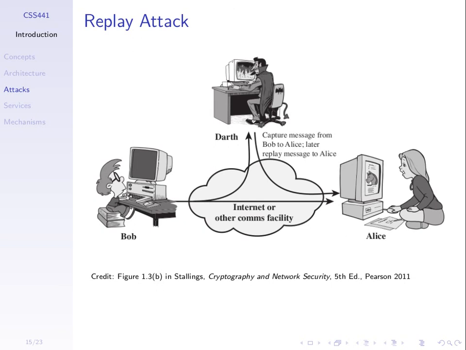And then this month, Darth replays that same message. It sends the exact same message. And it was from Bob to Alice. Alice gets a copy, and this month, Alice gets another message from Bob saying, "Please increase Darth's salary by 10,000 baht." And both messages are signed by Bob. So this is where the attacker replays an old message to get some gain.